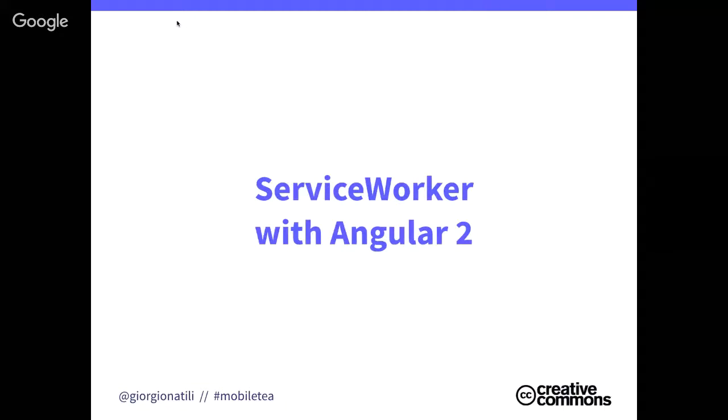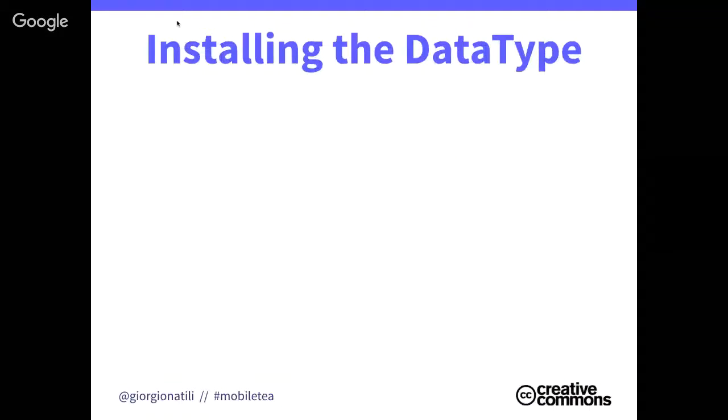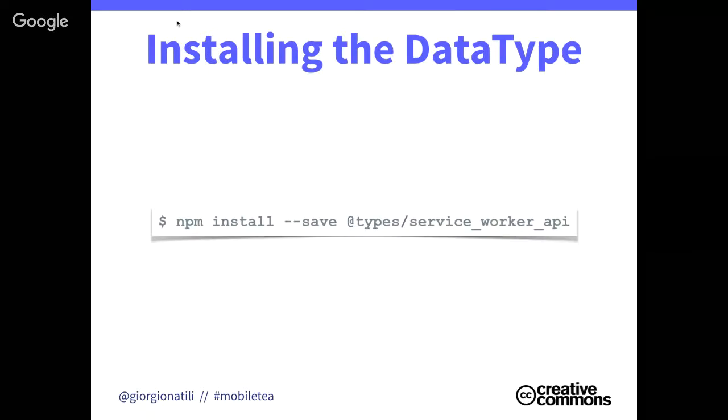So, Angular. To install the data types. Why? Well, we can use Angular 2 also without TypeScript, but to me, it doesn't make much sense. It's a development paradigm that is okay, helps me to prevent mistakes, and it's standard. So we can use npm and install a new type.